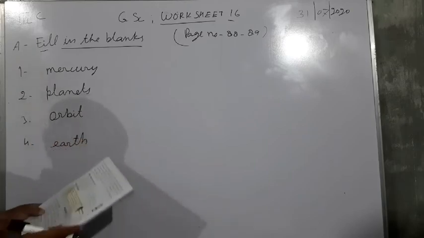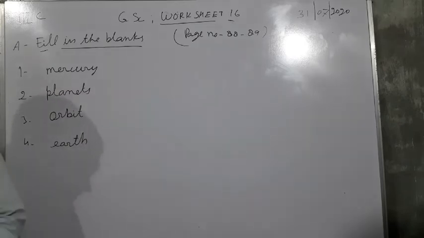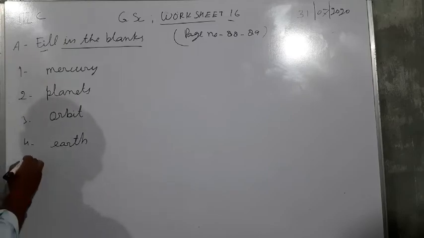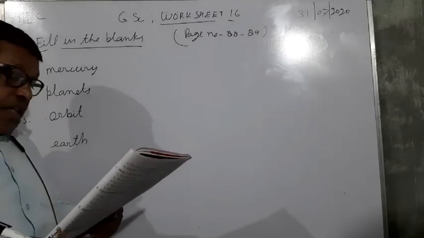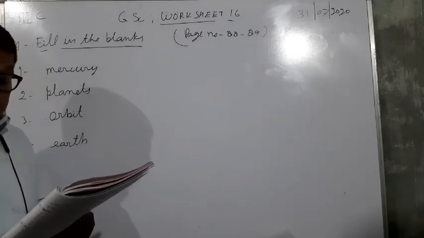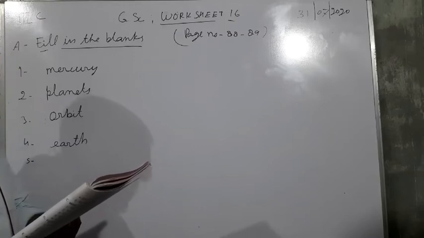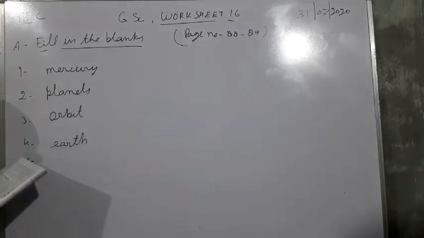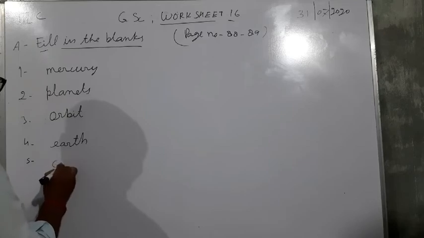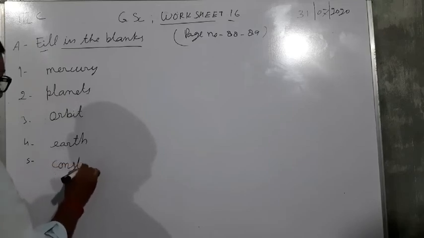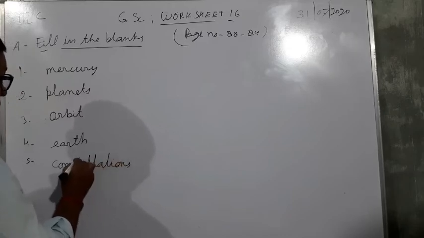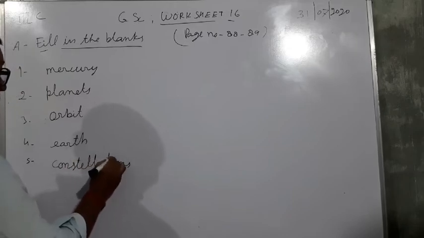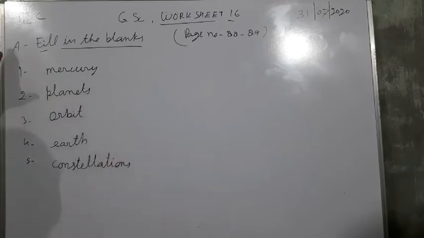Now next fifth you see, groups of stars making patterns or shapes are called constellations.